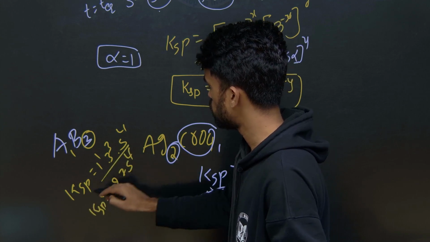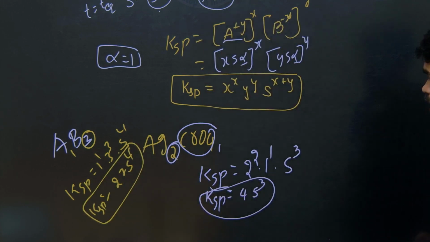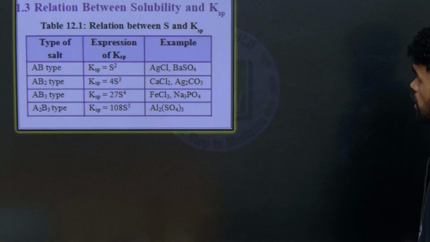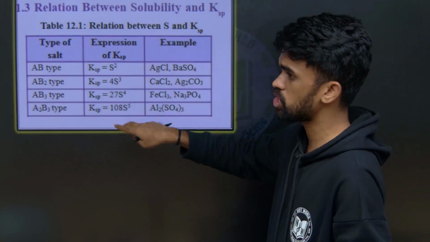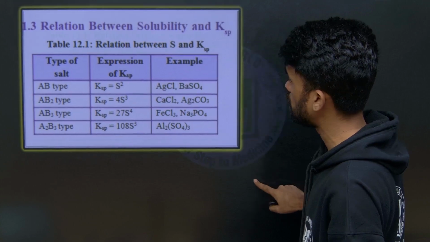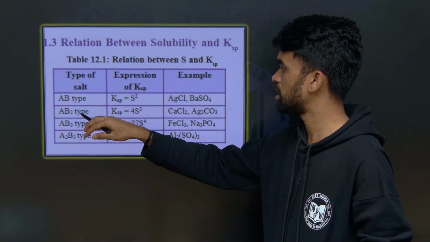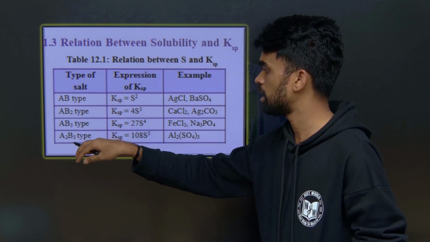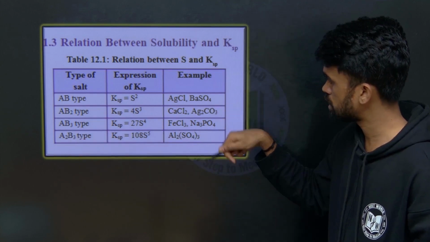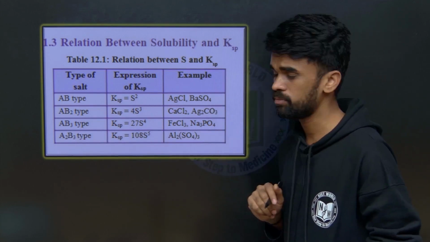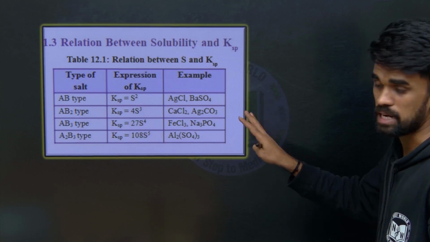This is how you need to write the interrelations. So I have generalized them. Take a screenshot of this, it might help your understanding. Different salts, AB2 type, AB type, AB3, A2B3 type, like that we have salts here. You can understand them from this slide.